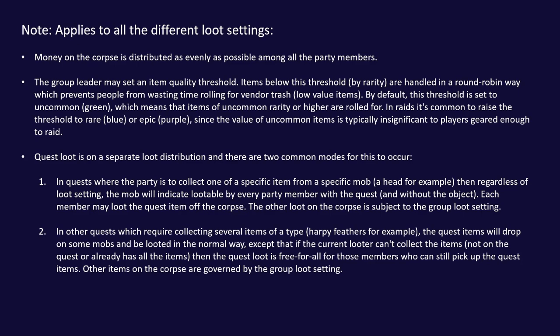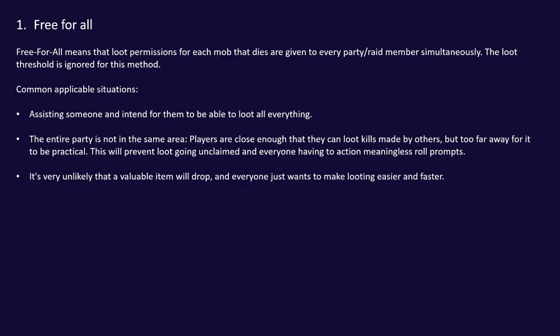Anyone else who has the same quest and has not yet looted all the items required to complete the quest will be able to loot those items. The other items on the corpse are just covered by the group loot setting.